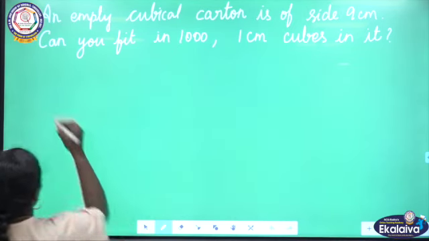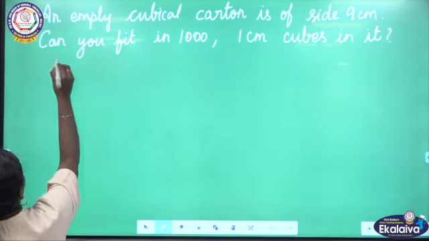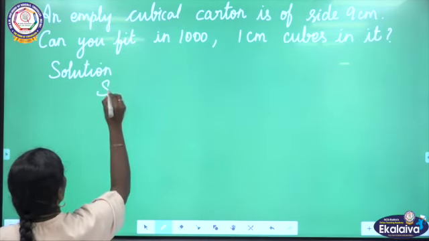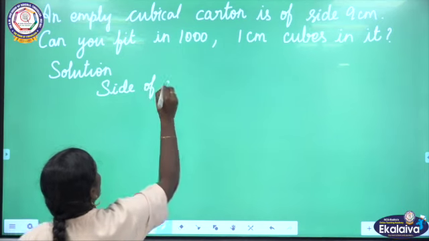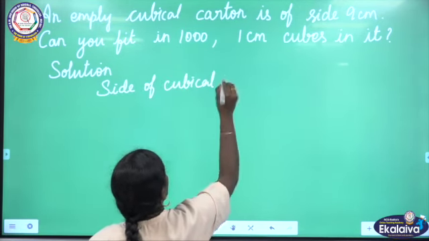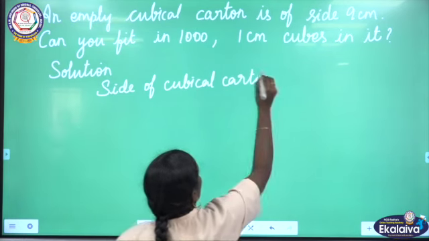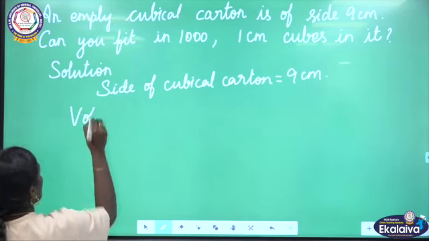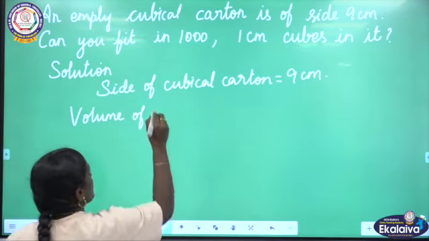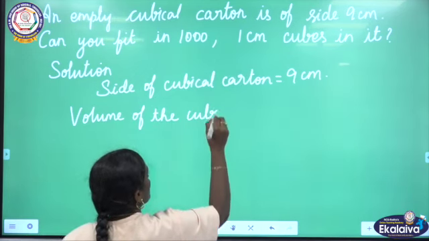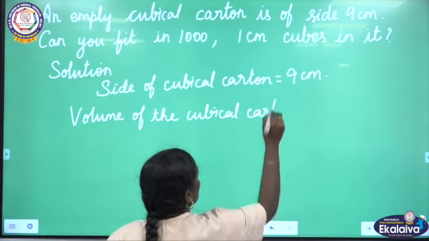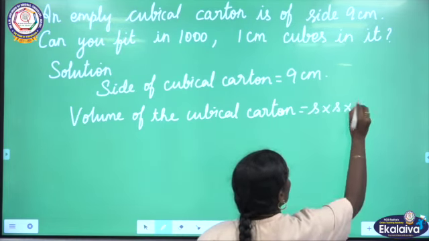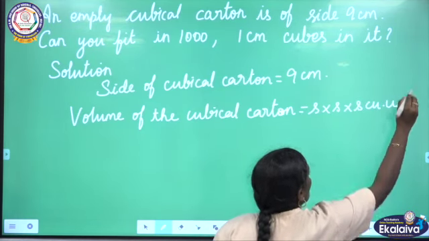Okay, let us find the volume of the cubical carton first. Solution. Here, side of the cubical carton is equal to 9 centimeter. We are going to find the volume of the cubical carton. Volume of the cubical carton is equal to side into side into side cubic units.